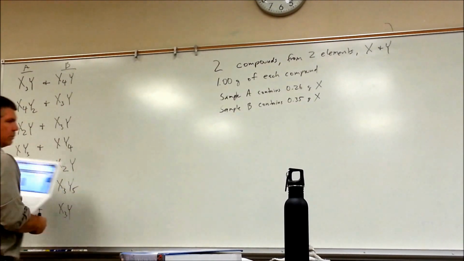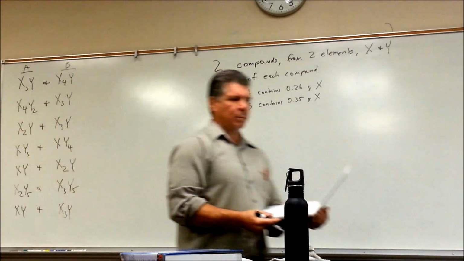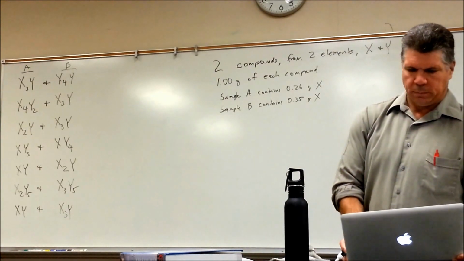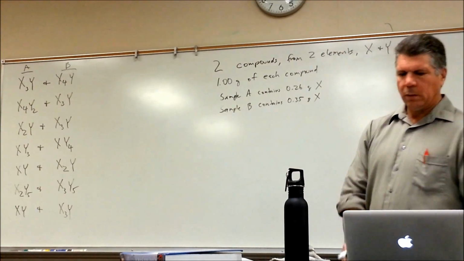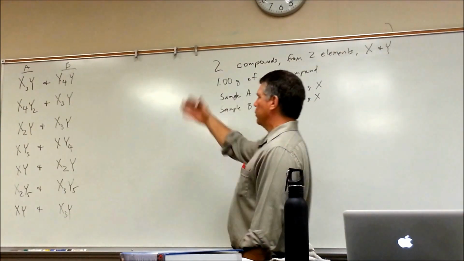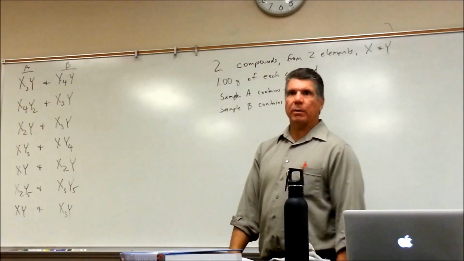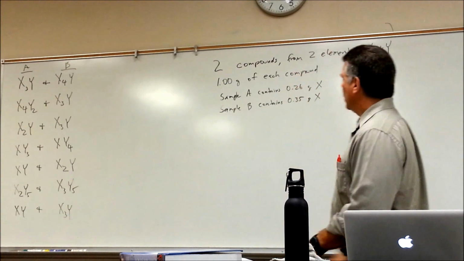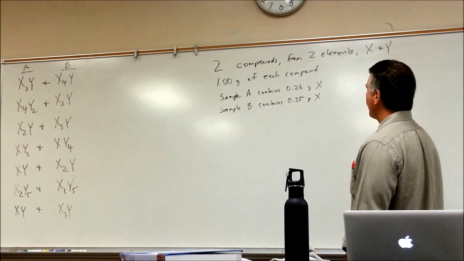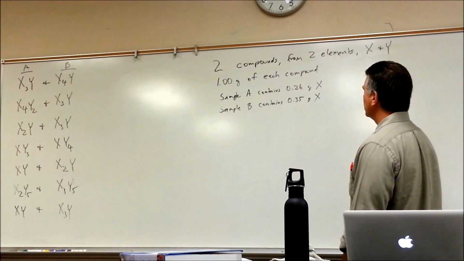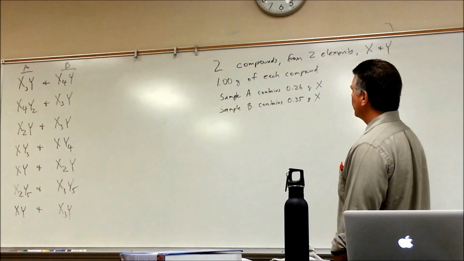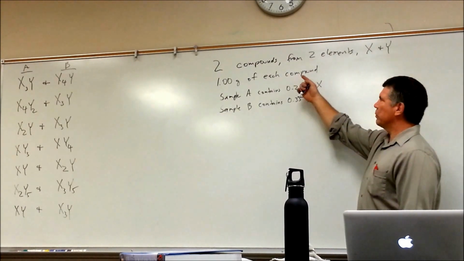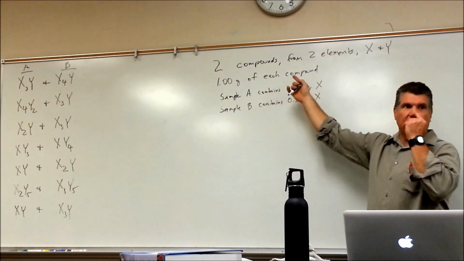I think you'll probably get some slightly different ones there, but it's the same idea. And there may be more than one set that's possible. So the idea is this. First of all, we know there's 1 gram of each compound.